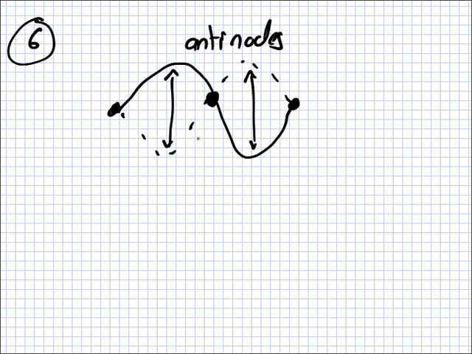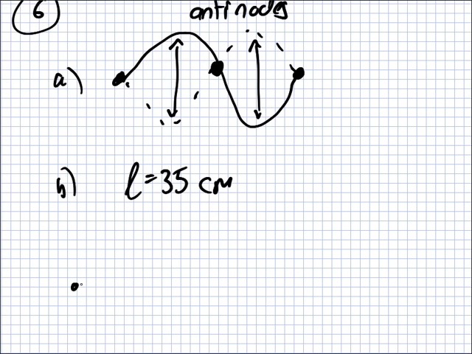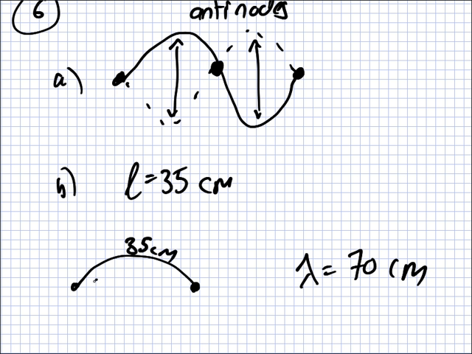Then B. If the length of the string is 35 centimeters, determine the longest wavelength which can produce a stationary wave on the string. Grand. So the longest wavelength is when you can have this, because this would make a wavelength of 70 centimeters. So 70 is the answer.